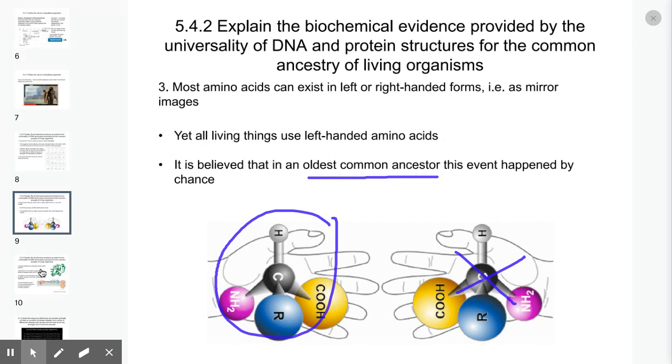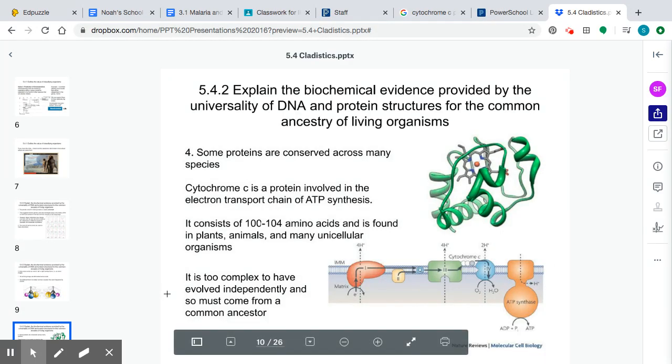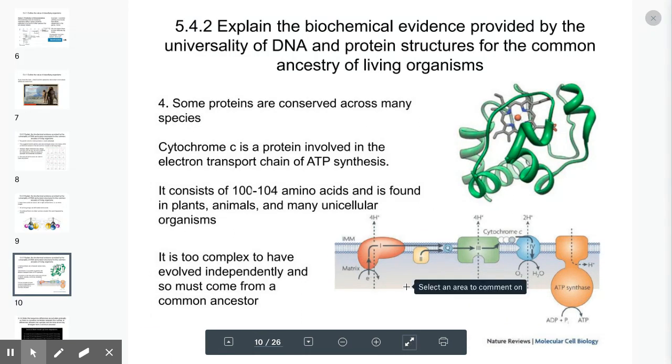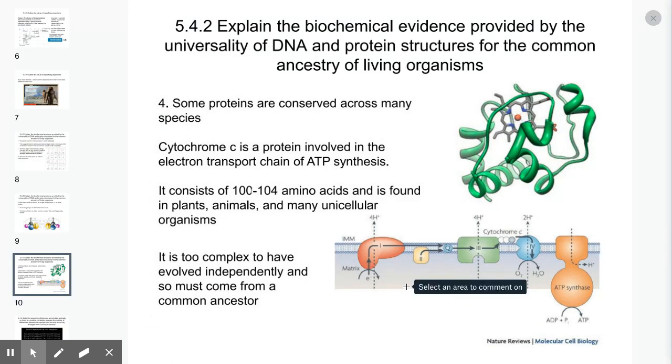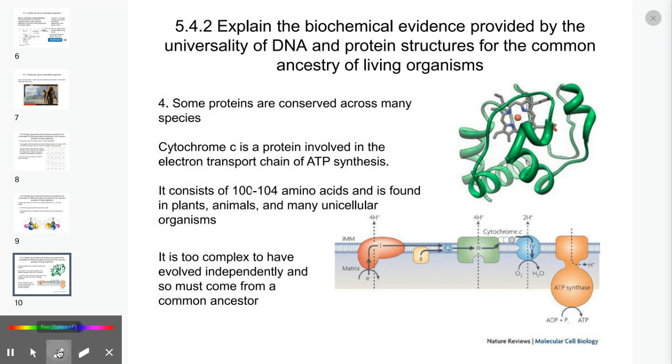The next piece of evidence is how we can look at certain proteins that have been used and not changed too much, or used for the same purpose. And the greatest example is cytochrome C. It's used for the same thing, whether you're a bacteria or a plant or even a human.